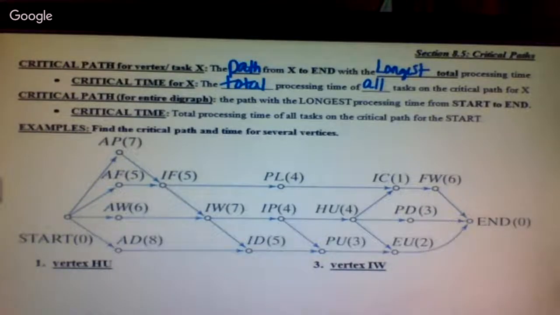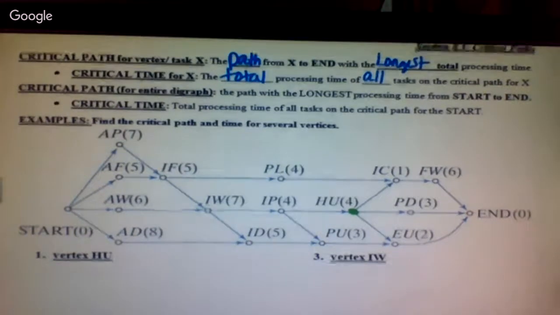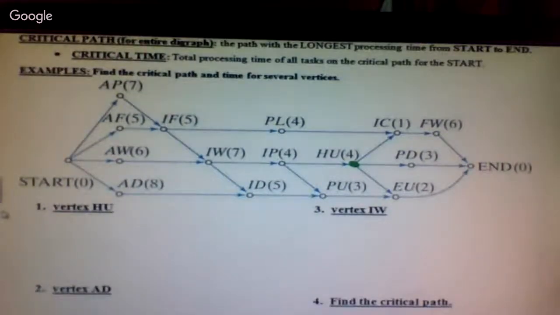So what they mean by that is if I start at HU, Vertex 1, this tells me to start at HU. Let me drag this down. So, if I start at HU, how can I travel from HU to get to the end? I can go HU to where?